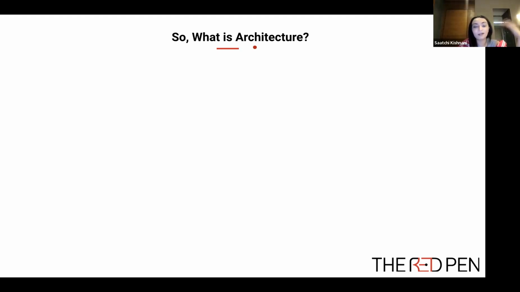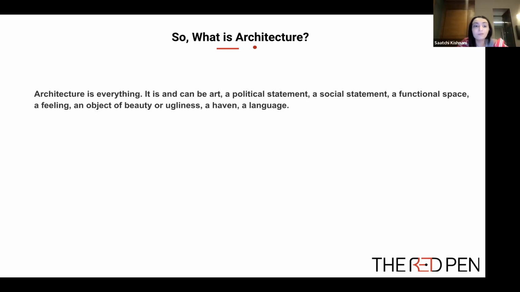And I wish someone, when I studied and was getting interested in architecture, had really broken it down and explained to me that architecture was more than just designing, drawing, and creating buildings and plans and sections and elevations. So this is something that I wrote, and I really do believe in this.